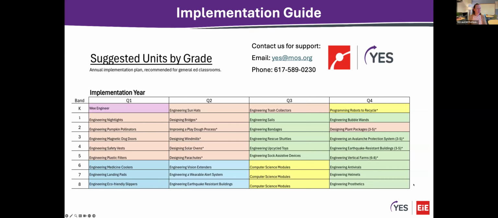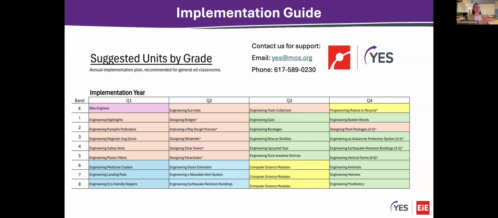This is an example of an implementation plan that we developed for a district, and I know this is a lot, you don't need to read any of this, that suggests what units we might recommend if every single grade level were going to do 4 different engineering units.